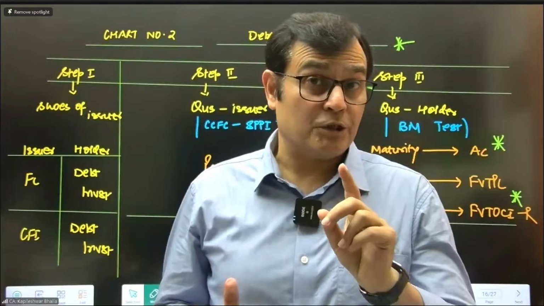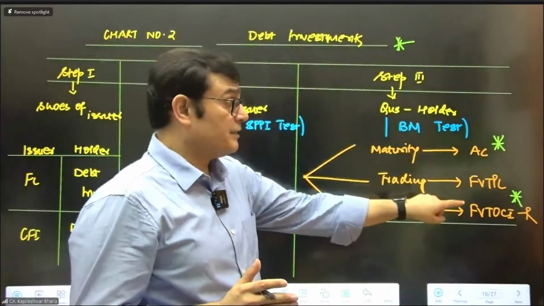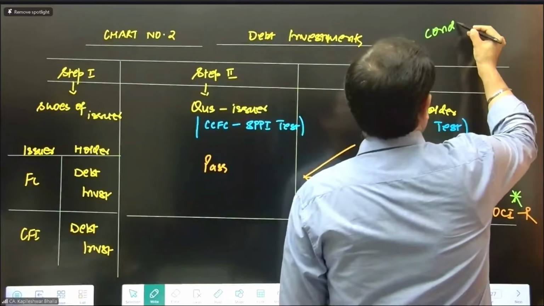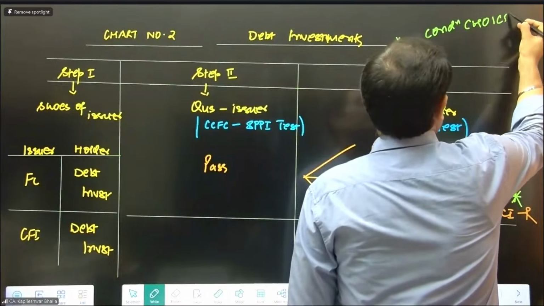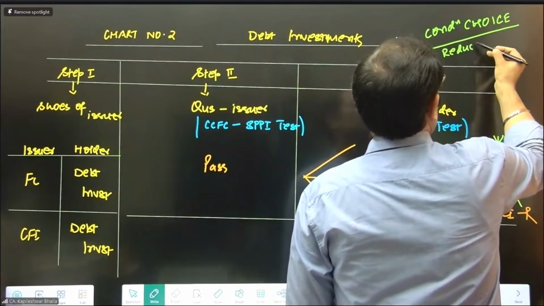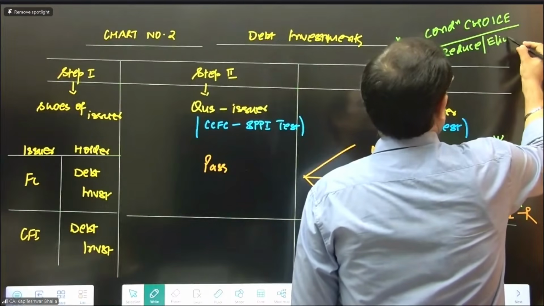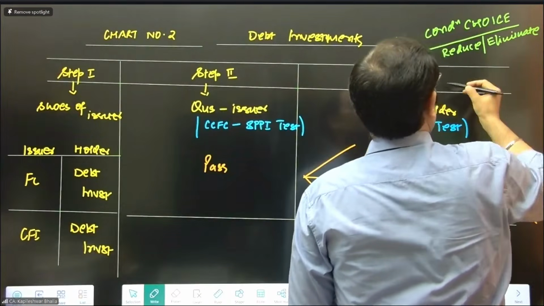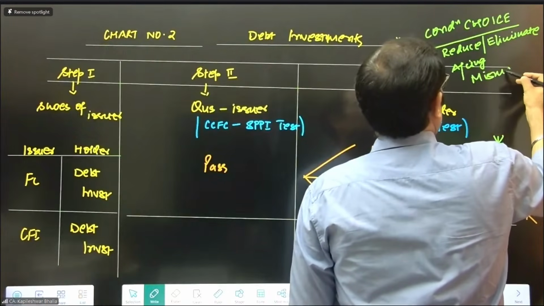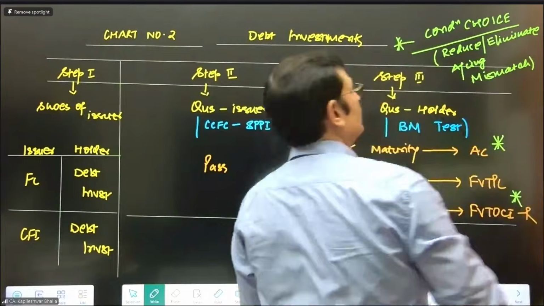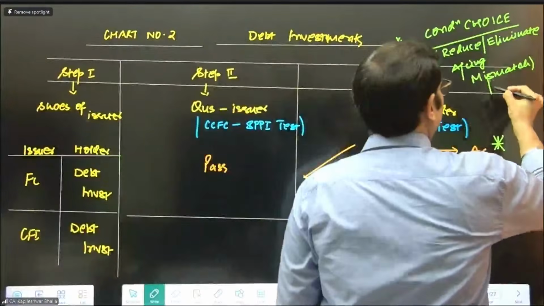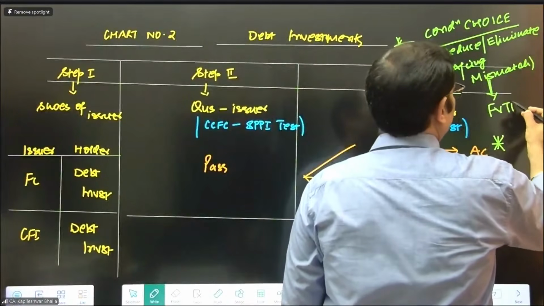So when you fall in the AC or OCI category, there is a conditional choice to reduce or eliminate the accounting mismatch. Once this condition is met, you can alternatively consider these investments at FVTPL.